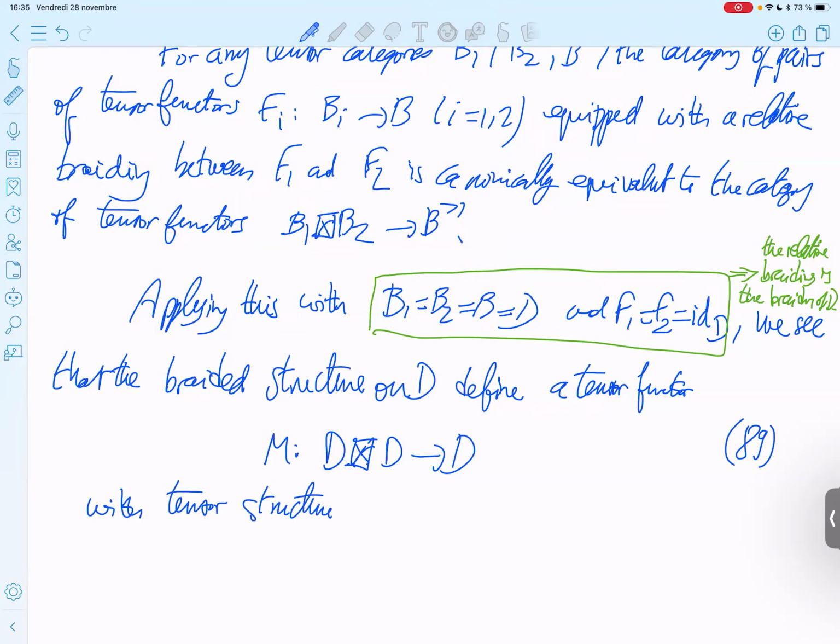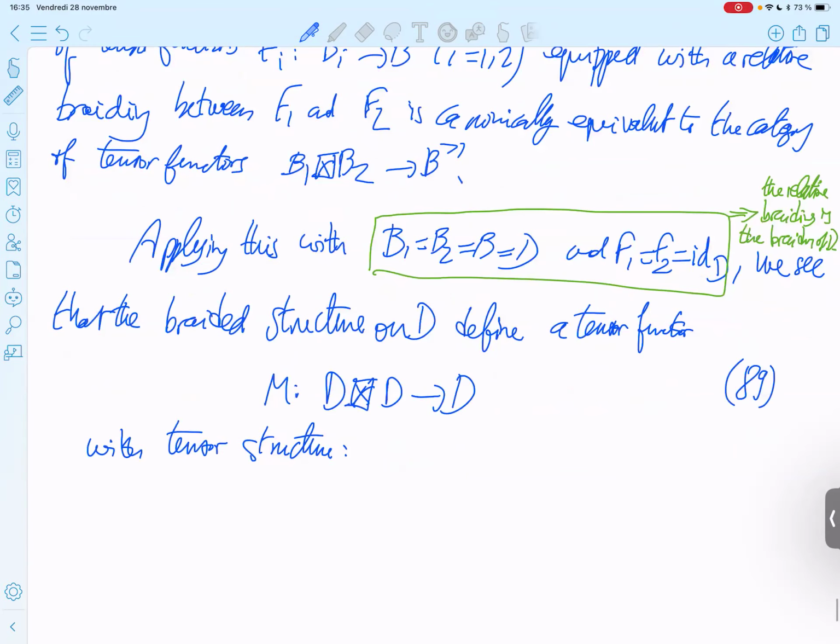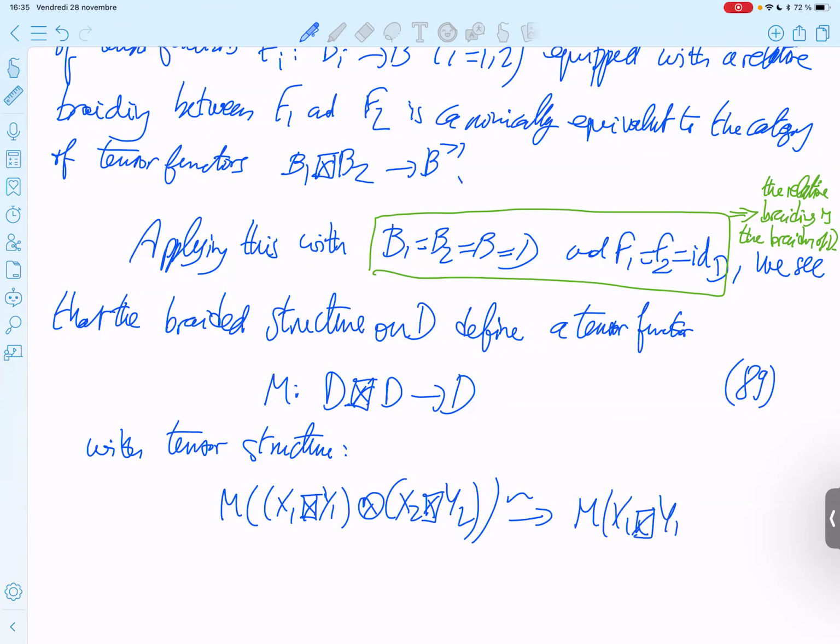So with tensor structure, M of x1 tensor y1 tensor x2 tensor y2 is isomorphic to M of x1 tensor y1 tensor M of x2 tensor y2.